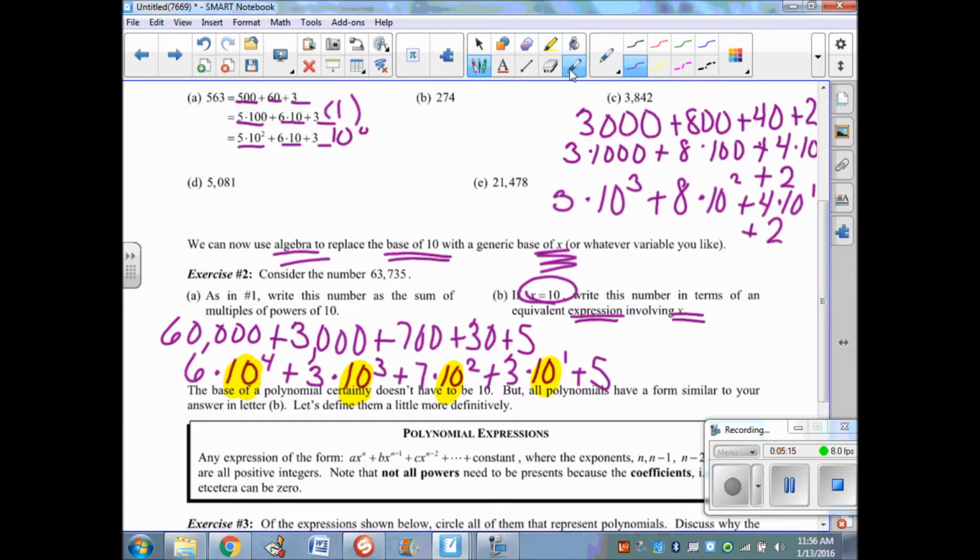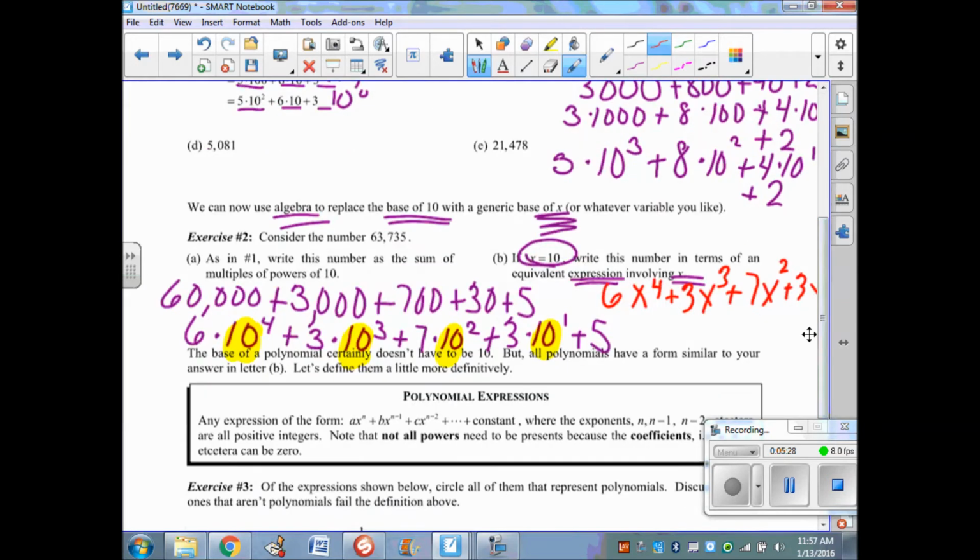Let's rewrite, and let's change colors here: 6x to the 4th plus 3x to the 3rd plus 7x squared plus 3x plus 5. So now we've taken something that we're very familiar with, just a basic number, and we've talked about place value, and now we're extending that to algebra to bring in the idea of polynomials.